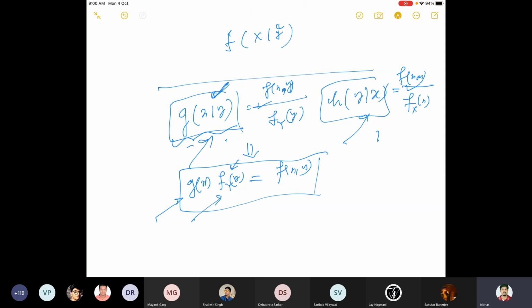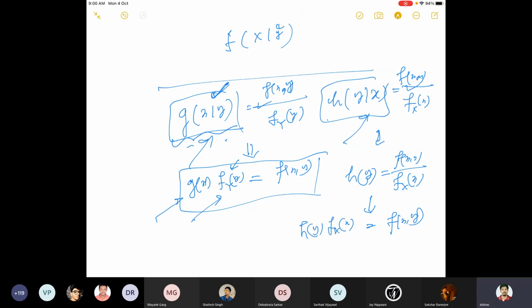The same is true here. If h(y given x) is independent of small x, then it is some function h(y), and this is nothing but f(x,y) divided by f_X(x). So here also f(x,y) can be factored into a product h(y) times f_X(x).